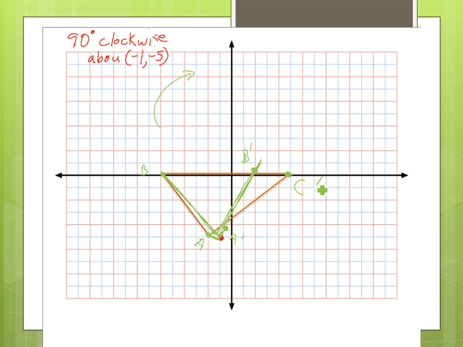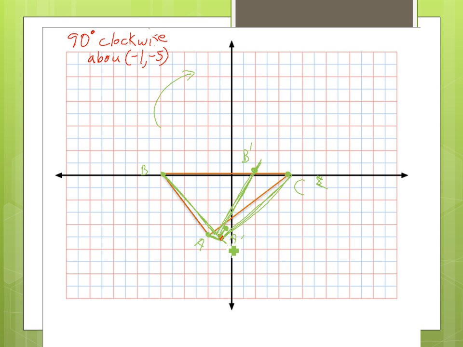We'll call this C. Oops, that's just C, regular C. And we want to connect it to this point. And we want to go 90 degrees from there.